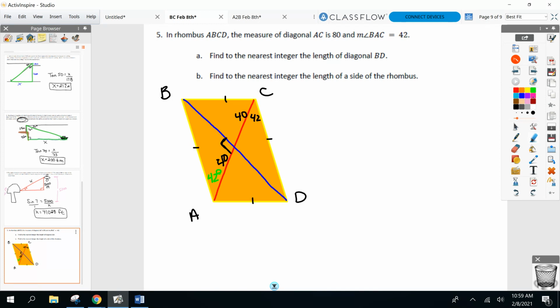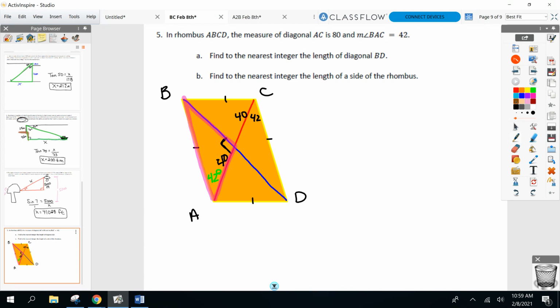Hey, look what we just created. A right triangle, didn't we? We have a right triangle. I know an acute angle is 42. One side's 40. So let's make a plan, because after this plan, I'm taking my hands off and you guys are going on your own.